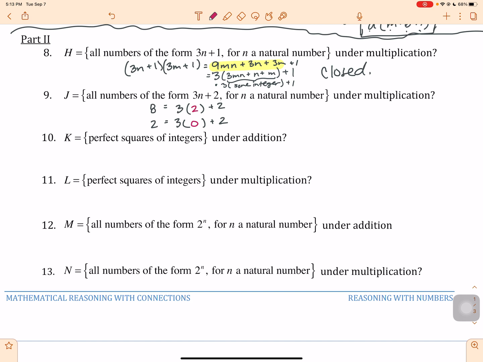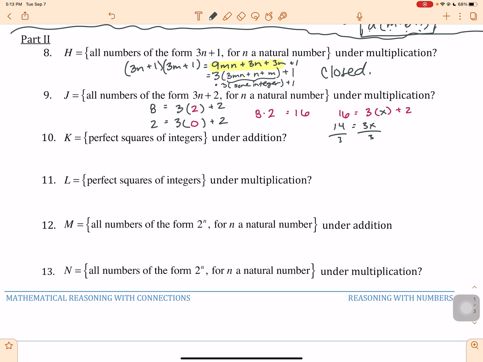So now what this is saying is if I multiply 8 times 2, that's 16. Can I rewrite 16 as 3 times something plus 2? The way that you can test that is if you threw an x in here instead and solved for x. So this would be 14 equals 3x, divided by 3.